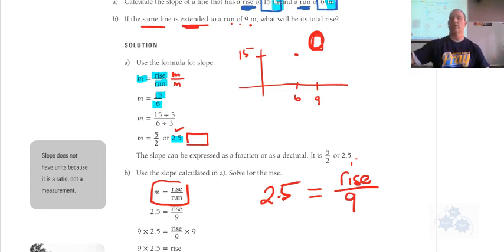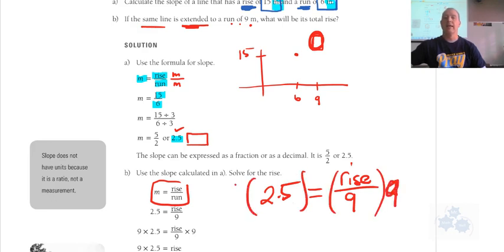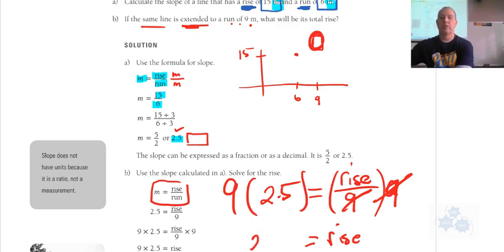Remember, you can cross multiply. So this 9, you can multiply both sides by 9, and that will eliminate the 9 on the right side. And so you have the rise is 9 times 2.5, which is 22.5. And that's going to be in the same units as the run.